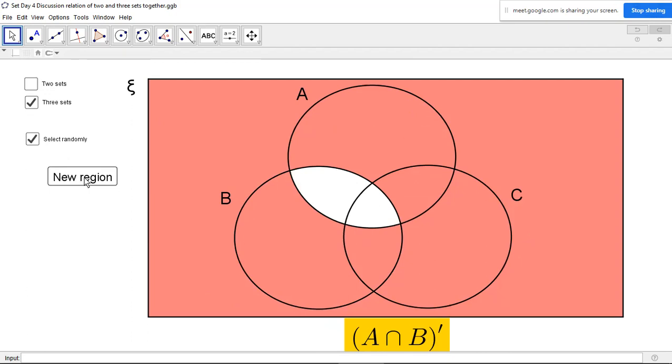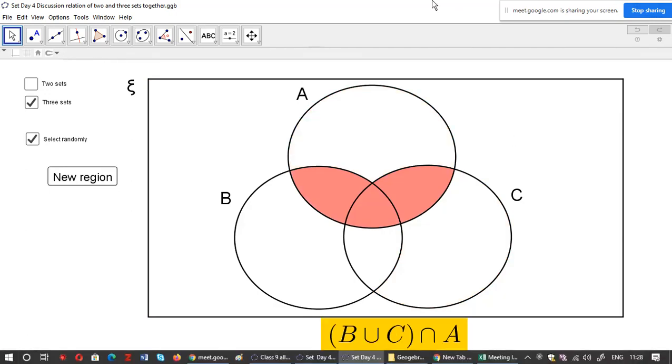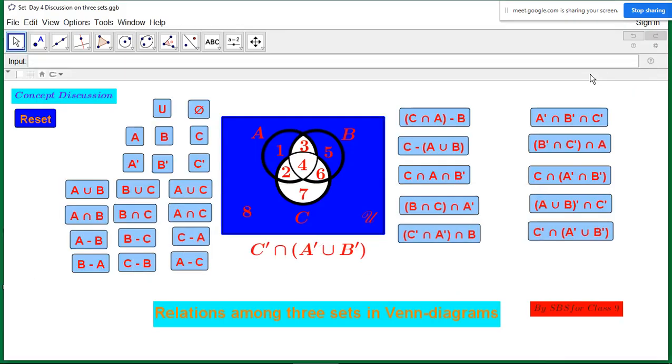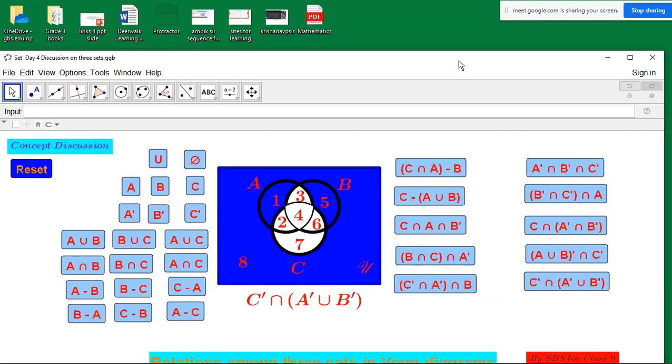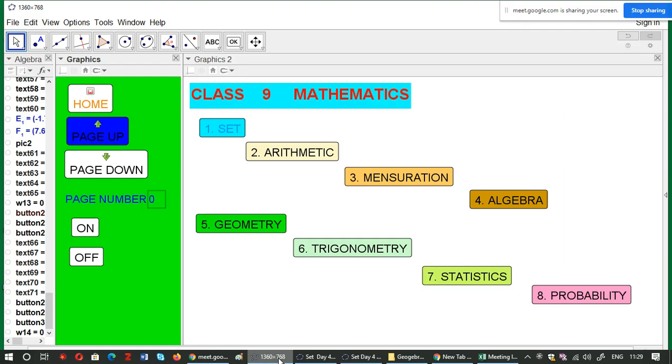Now moving to the next part, dear students, I have posted the exercise problems. I believe some of you have your textbook and some of you may not have. For them, I have posted the picture of the exercise.